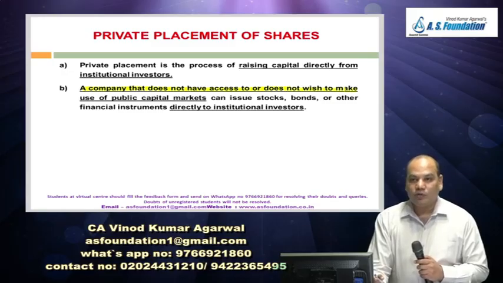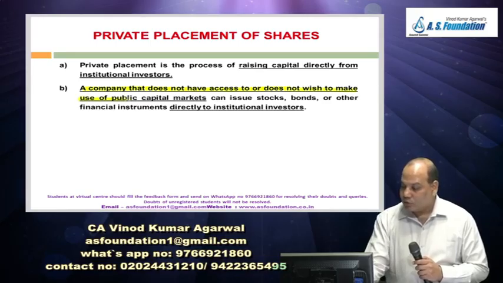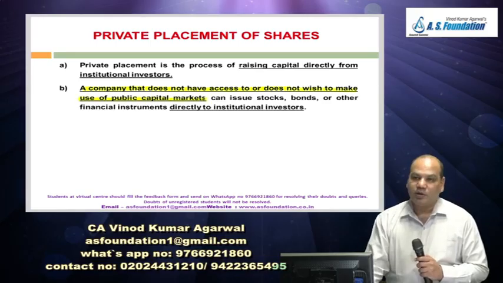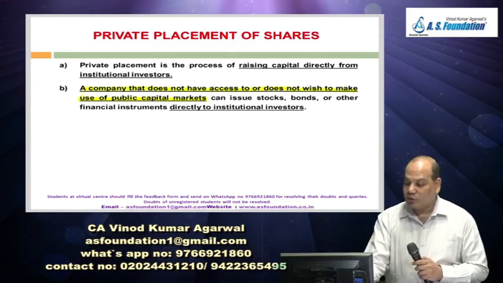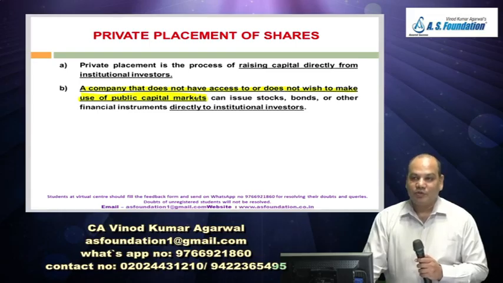Or it does not wish to make use of the public capital market. Many companies do that. In an IPO you have to give a lot of disclosure. A lot of information has to be shared with the public. Some of it is important business secrecy also. So they may just go the private placement route.